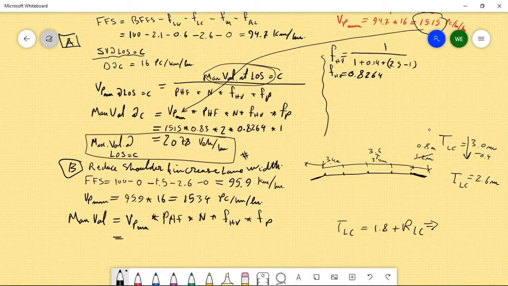So this will equal 1534 multiply 0.83 multiply 2 multiply 0.8264 multiply 1. So this will be 2104 vehicles per hour.